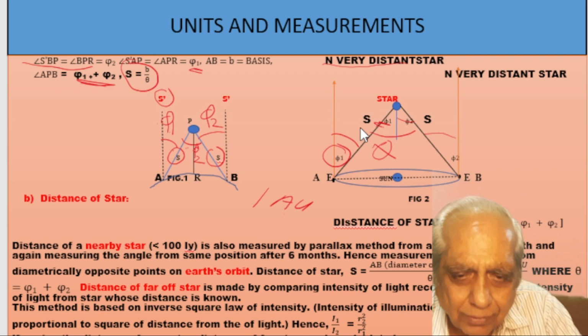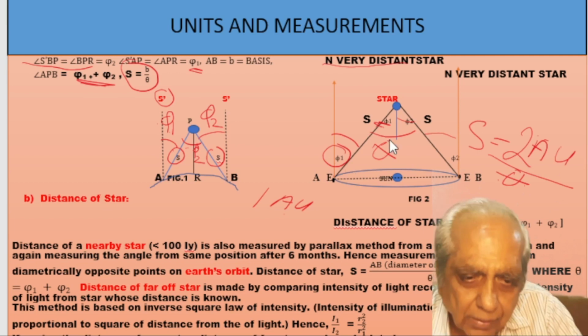Theta I should put in radians, be careful. If theta is in radians, I will get the value of S in AU, how far the star is from the Earth. Is it alright?